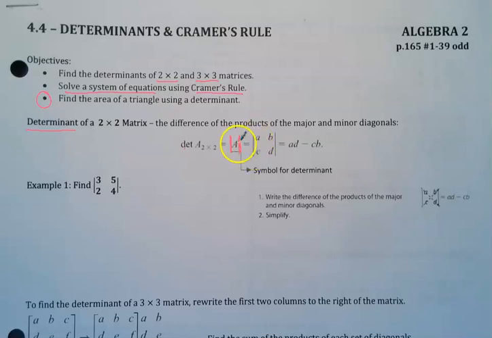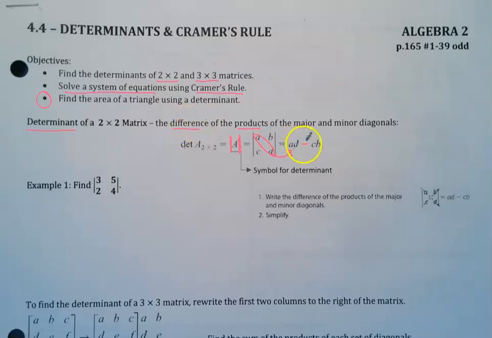So we're going to find the determinant of matrix A, which is A B C D. It's the difference, which is subtraction, of the products, which is multiplication, of the major and minor diagonals. I'm going to take A times D, and that goes here. That's your major diagonal.